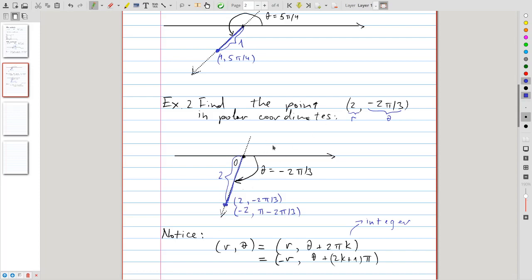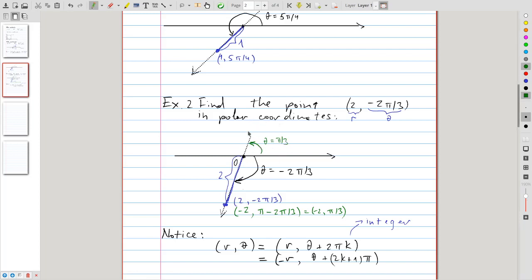So the way to do it is to measure the angle of size, right, so this would be pi over 3 if you perform the subtraction. So what I want to do is I want to measure the angle of size pi over 3 in the counterclockwise direction, because it's a positive angle. So this here is the angle of size pi over 3.